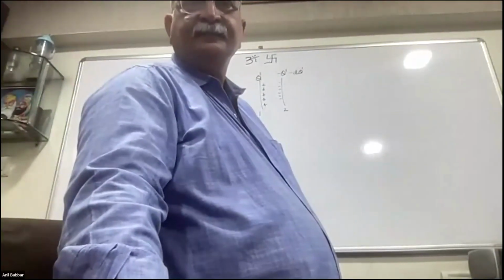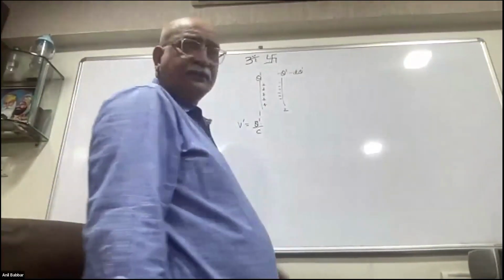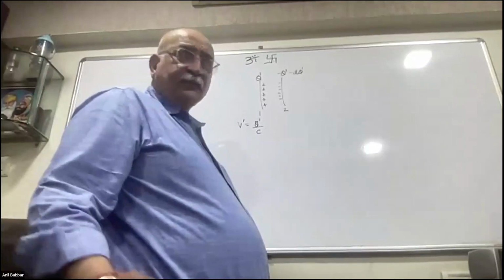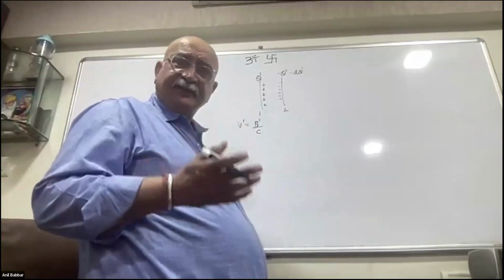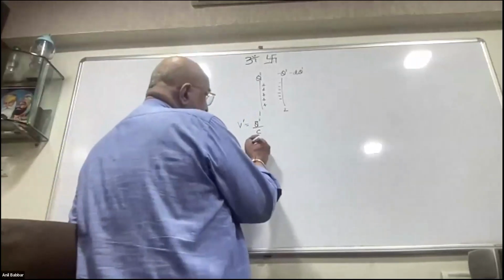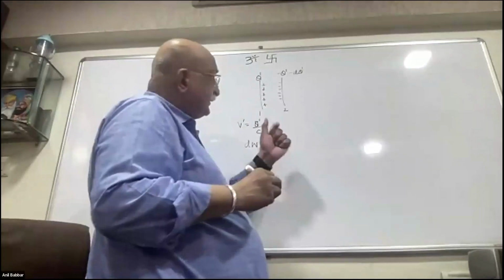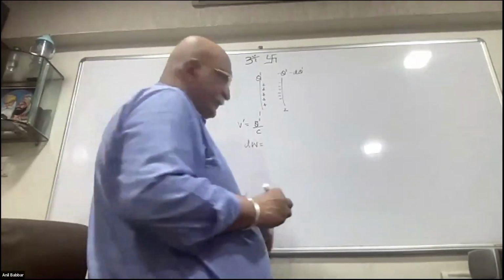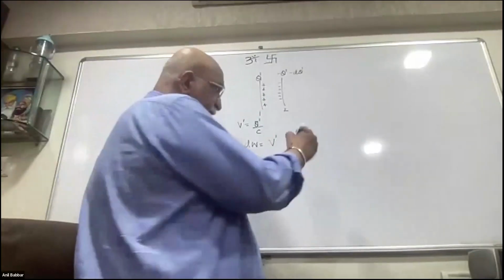Then the work done in doing so will be, we know work done W is equal to V into Q. V is the potential difference and Q is the charge. So work done will be dW, that is equal to charge dq' and potential V', so V' into dq'.